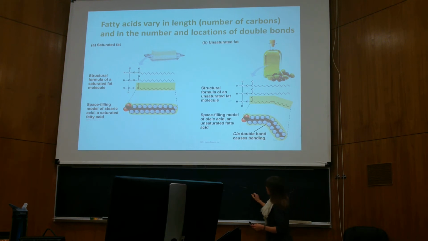So 1, 2, 3 can only have a hydrogen here. So 1, 2, 3, 4, 5, 6, 7, 8 hydrogens for this one. 1, 2, 3, 4, 5, 6, 7, 8, 9, 10 hydrogens for that one. Does that make sense?